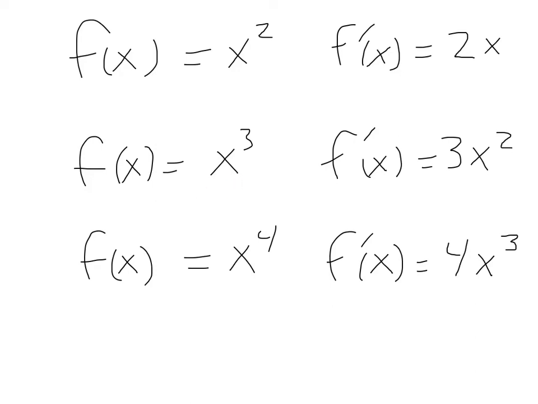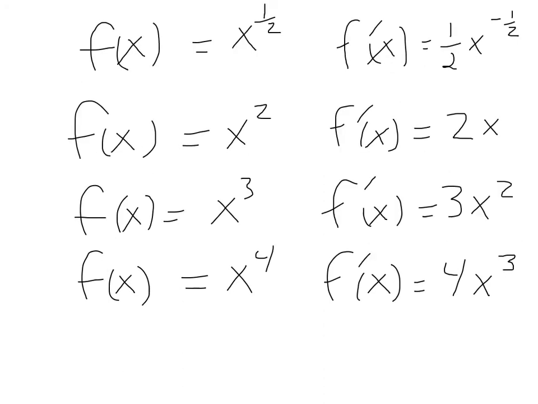Isaac Newton also saw a pattern here, and I believe, and I don't know this for sure, but I believe once Isaac Newton got this far, he just guessed the pattern. And I'm going to give you a hint, and then I'm going to ask you to guess the pattern. Isaac Newton did do f of x equals x to the 1/2 power.